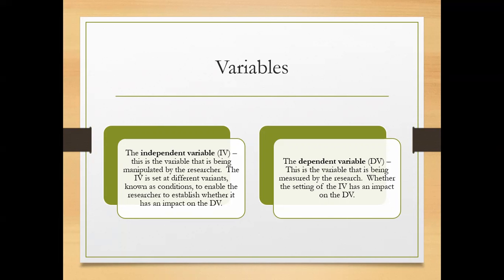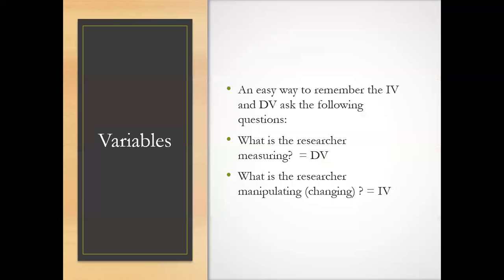Did that affect the person's concentration in getting as many of the spot the differences correct? Or no music? And then we record how many of spot the differences they managed to get. So the DV is to see whether the IV has had an influence on it, and it's the one that's being measured by the researcher.